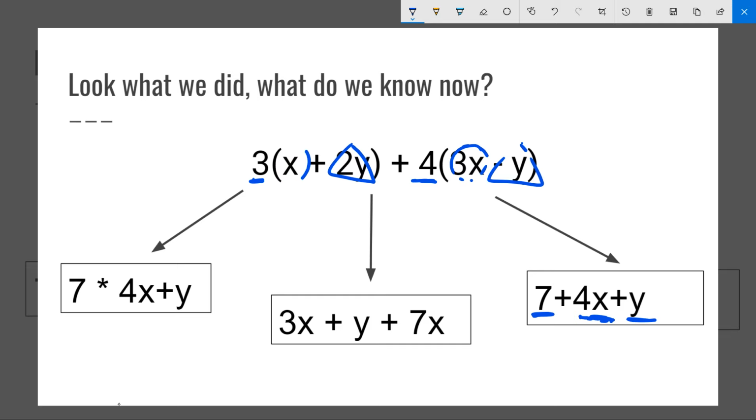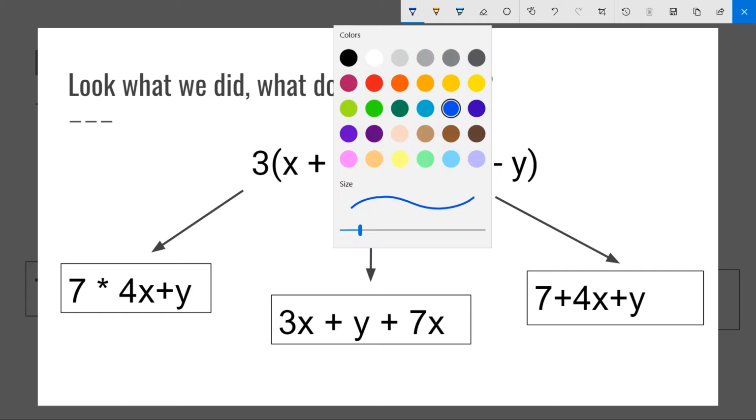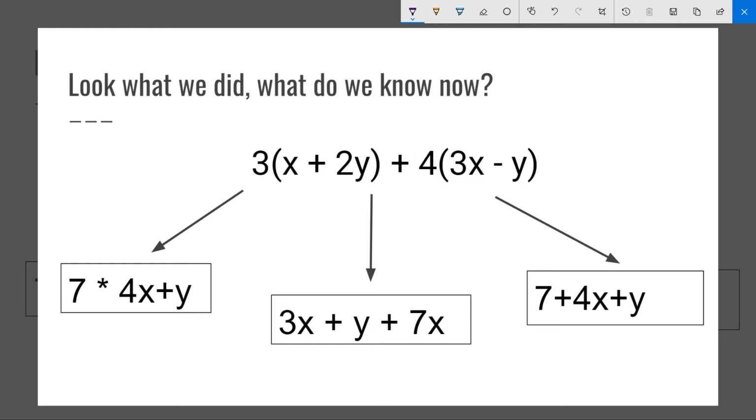They just added the constants, added the terms with x's, added the terms with y's. So that's good on combined like terms, but with distributing, we need to multiply the number outside the parentheses to all terms inside the parentheses.